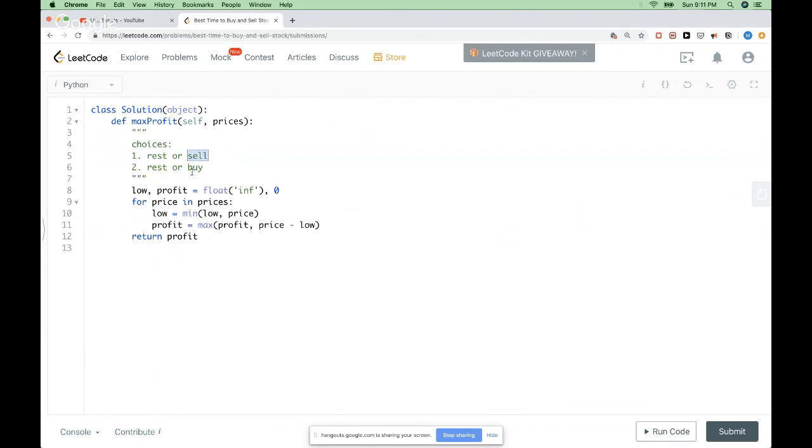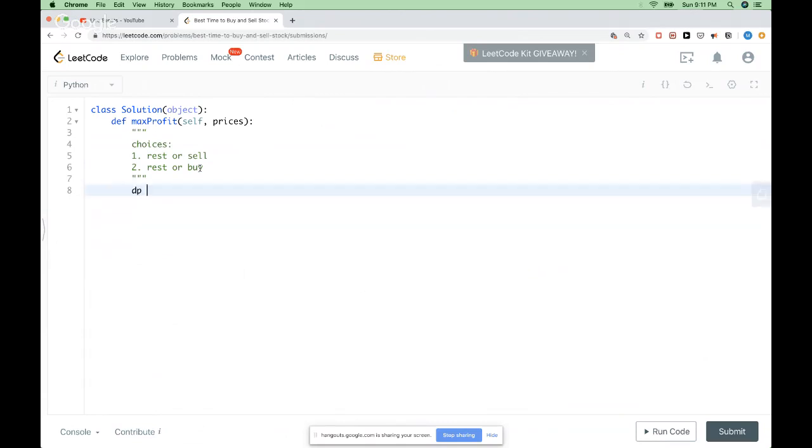And I'm separating the sell from the buy here. So in that case, we can have two tables, one for rest and sell, and one for rest and buy. Actually it's not a table, it's just a value, the DP value.